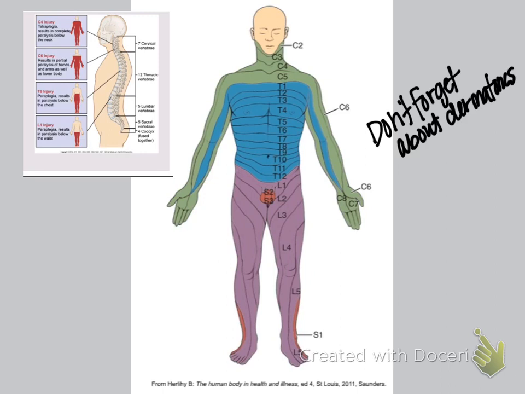Don't forget about the dermatomes and how they affect. Because even though, say, you could have a person that has a C5 injury or C6 injury, and if you see the dermatomes, C6 goes all the way down to the thumb.